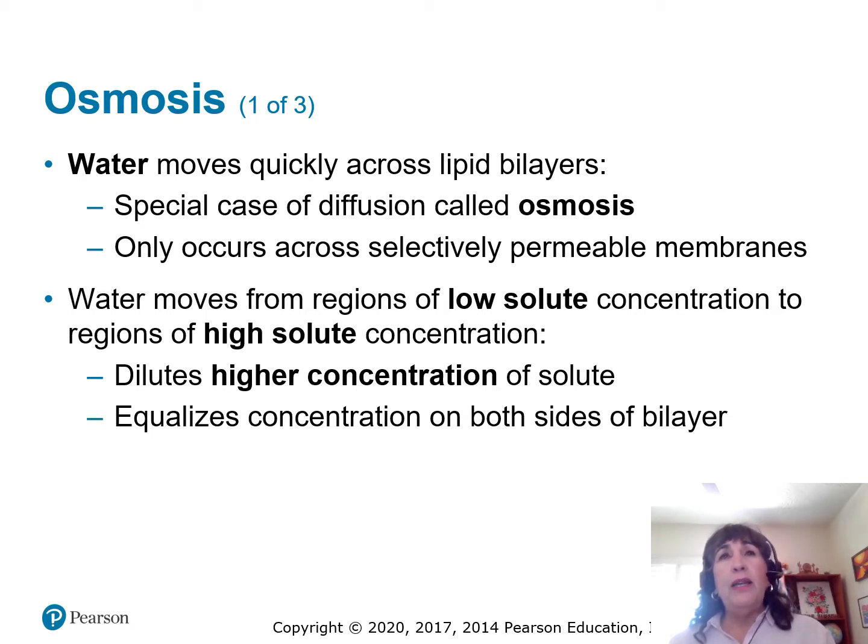Water moves quickly across lipid bilayers, but there's a special case of diffusion, and this is called osmosis. What is the definition of osmosis? It's the diffusion of water. Water is so special it deserves its own special definition, and that is osmosis. It too moves from a high to low concentration, just like John Travolta.